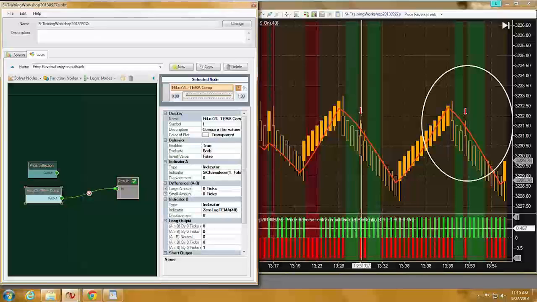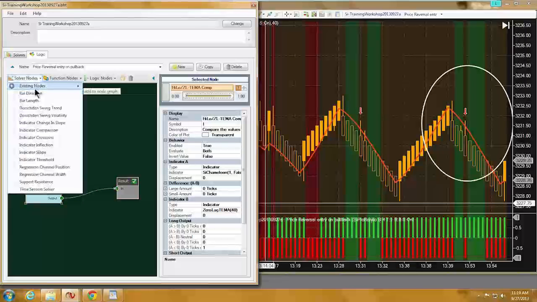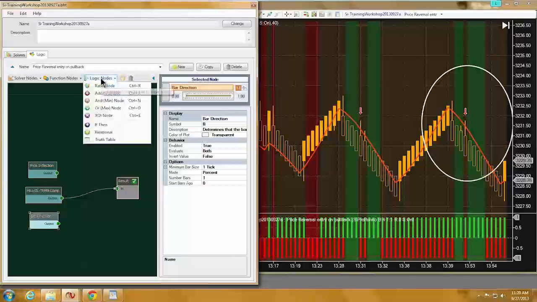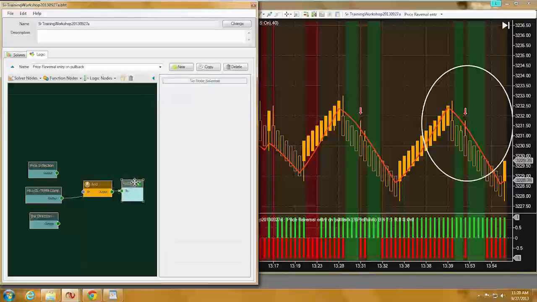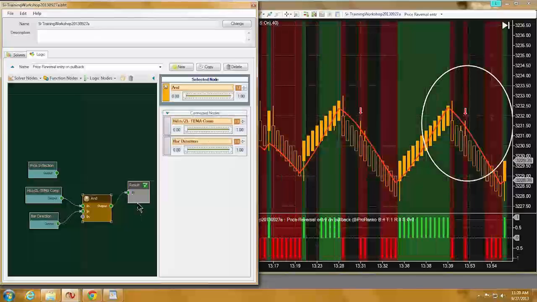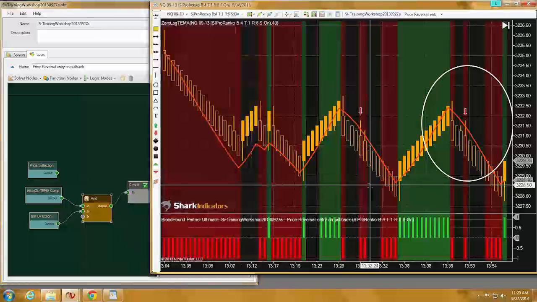So I can eliminate a lot of those long signals just by using the bar comparison. So let me add this bar comparison in here. I'll have to join them together with the AND node. So there, I eliminated some of them already.